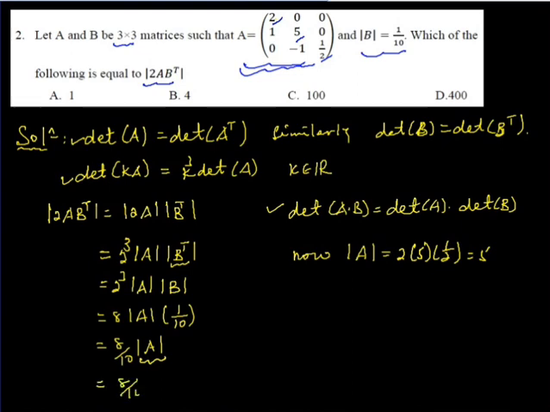So 8 over 10 times 5, this is 40 over 10. The result is 4. Therefore, the answer for this question, for the determinant of 2 times A times B transpose, is B. So the answer is B.